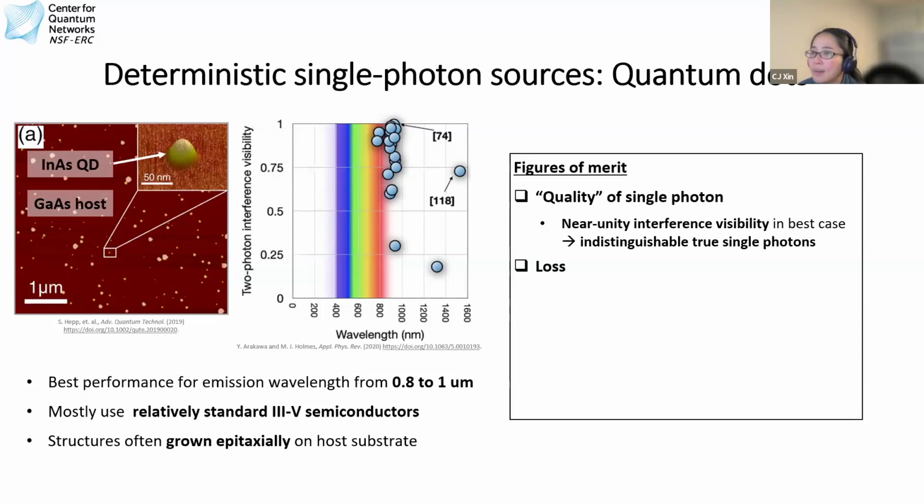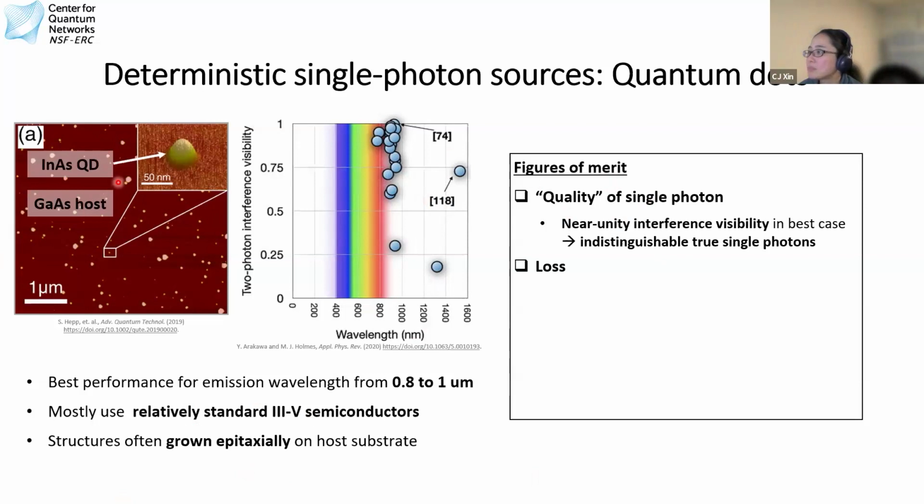Well, within the material, presumably the loss is fairly low. Of course, like Marko said, the material itself has some kind of inherent loss. Semiconductors are usually a little bit higher than other systems. But you can imagine integrating these quantum dots heterogeneously or hybrid with another, lower loss material.